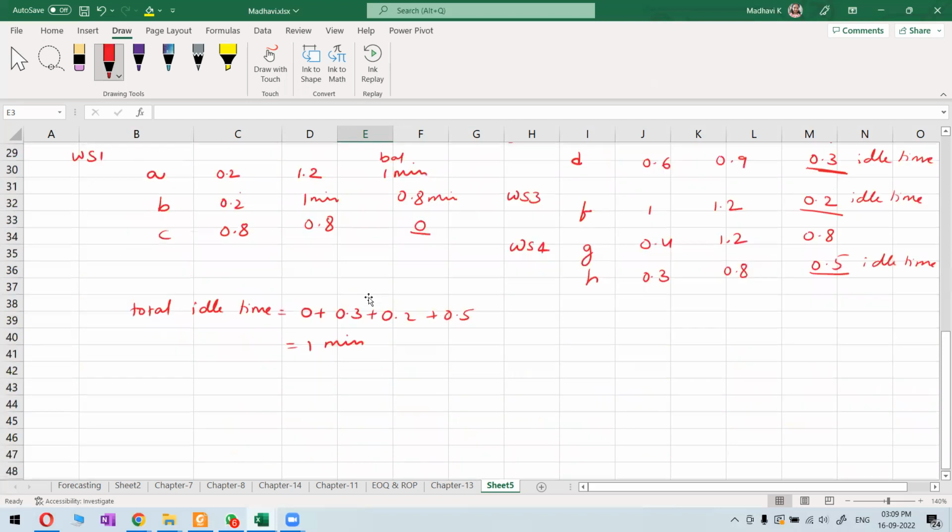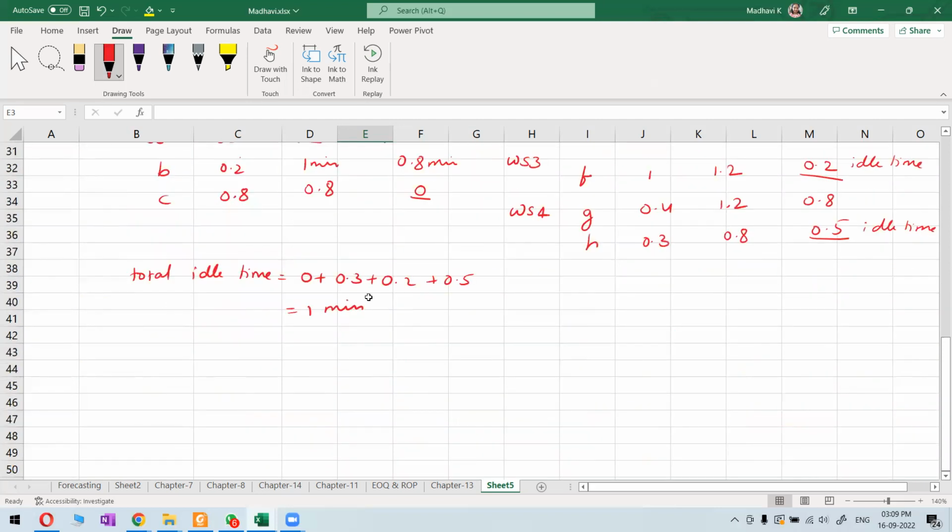Now coming to the idle time, using this idle time, we can actually calculate the efficiency. This efficiency is calculated by 100 minus the percentage of idle time.